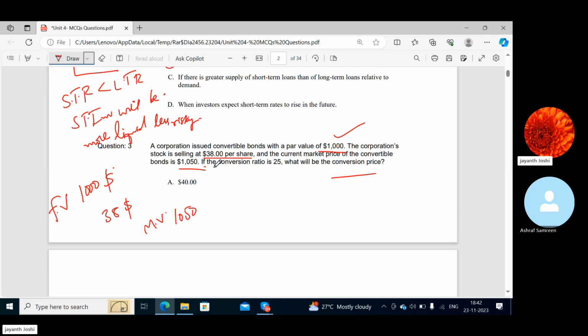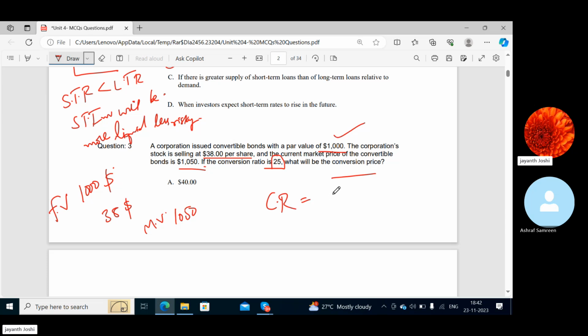Okay. We will first see the conversion ratio, right? So what is the conversion ratio they are giving? The conversion ratio is 25. What do you mean by this 25? One bond will be converted to 25 stocks, right? So the formula for conversion ratio: one bond has to be converted into stocks.